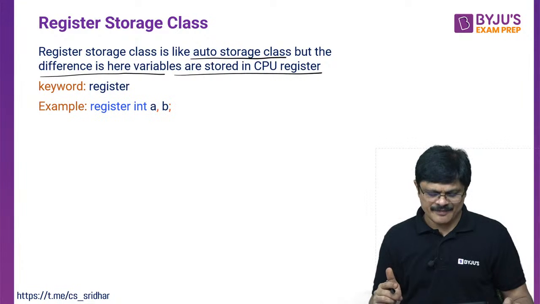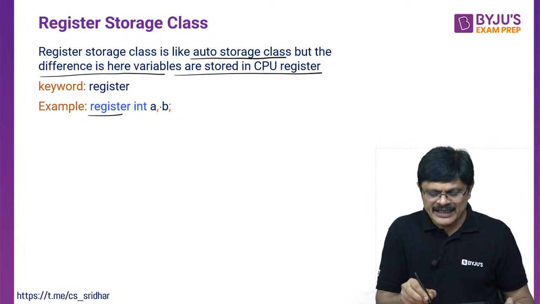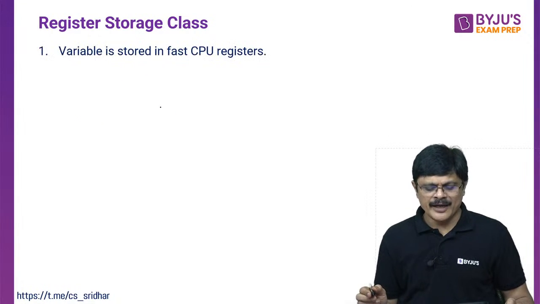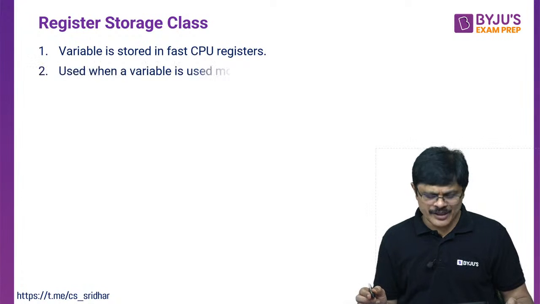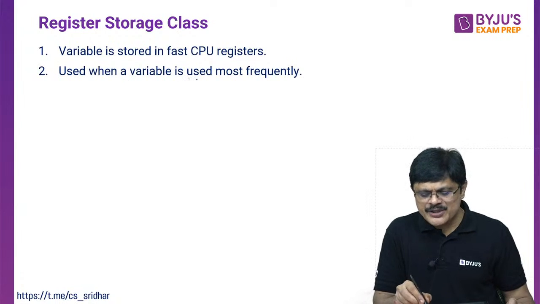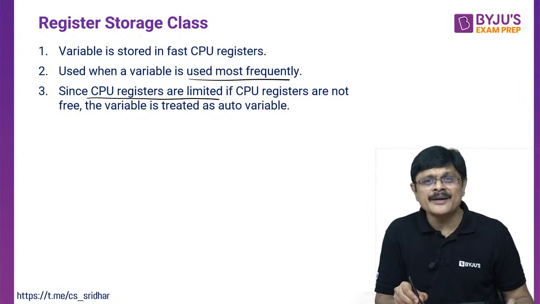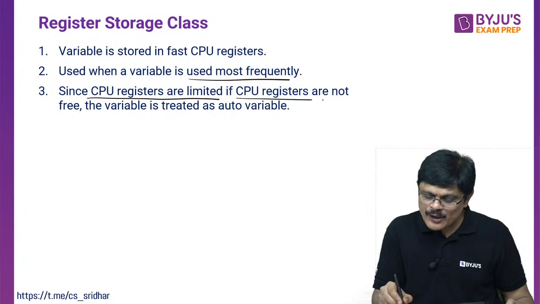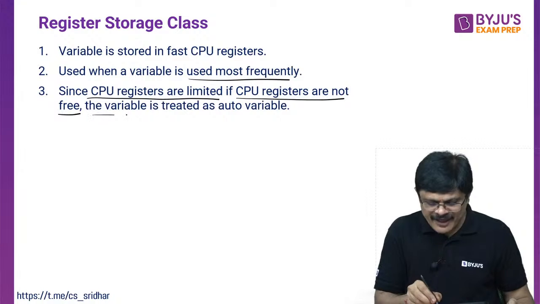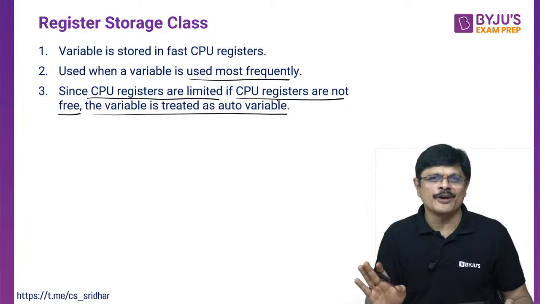The keyword is register, so we write register int a. The variable is stored in fast CPU registers, used when a variable is used more frequently. Since CPU registers are limited, note this point: if CPU registers are not free, the variable is treated as an auto variable only.